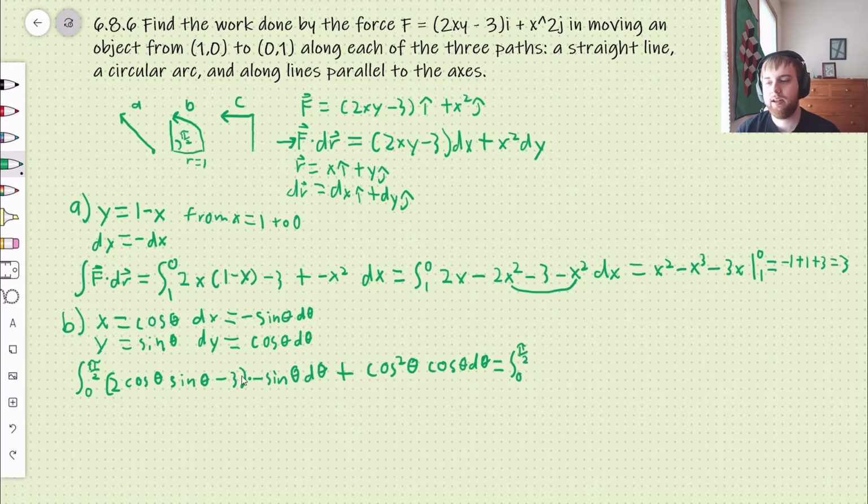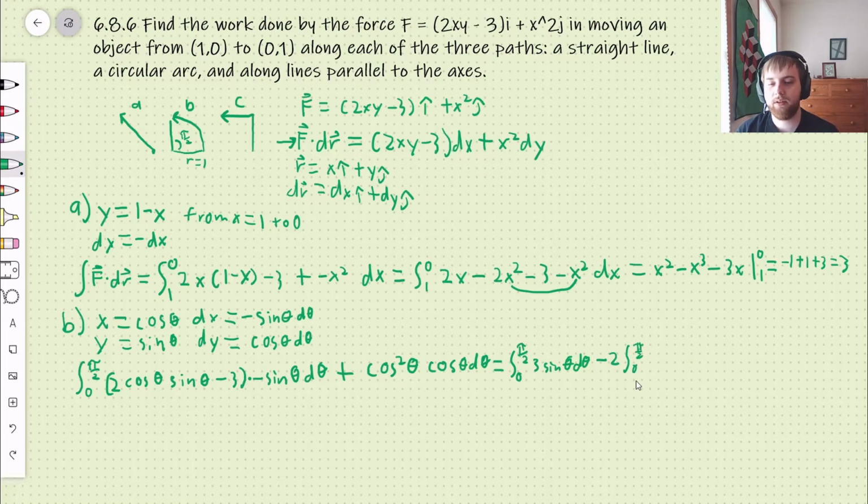This negative 3 gets multiplied by the negative sine theta, so we have 3 sine theta d theta. And then this section here is going to be negative 2 cosine theta sine squared theta. And this one isn't too bad either.